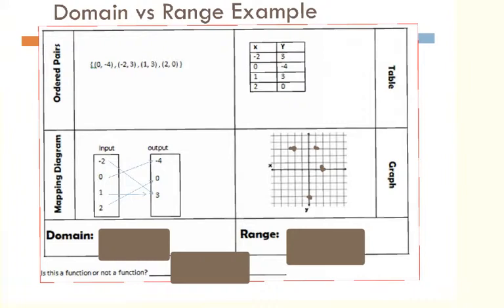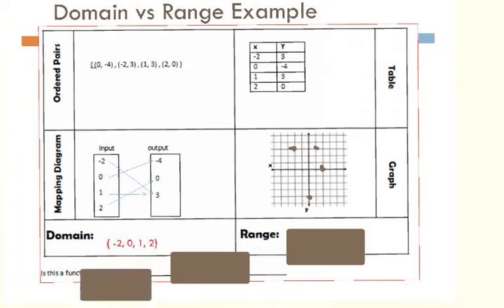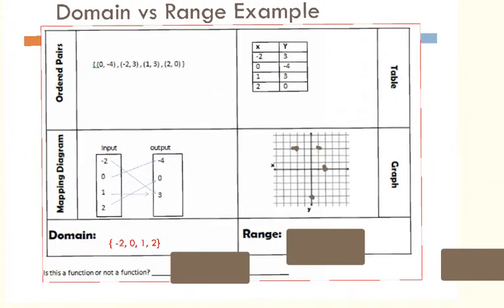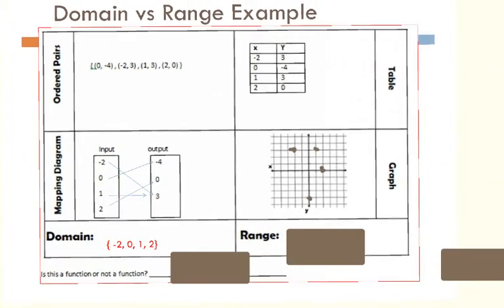And on the graph, I have to think about what is the X coordinate of each of these points. So I have -2, 1, 2, and 0. So if I look, that's my domain. And domain is typically written in numerical order, smallest to greatest, with the brackets around it. It's just a standard way to write domain.